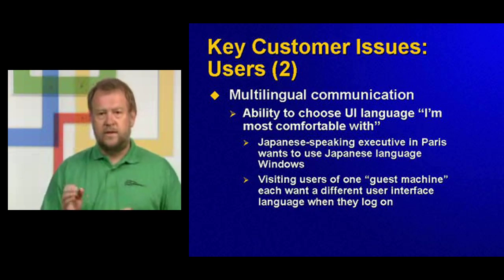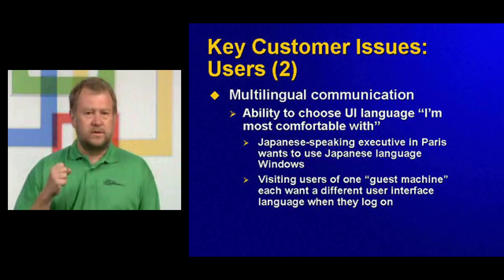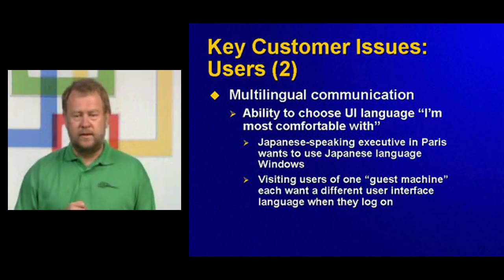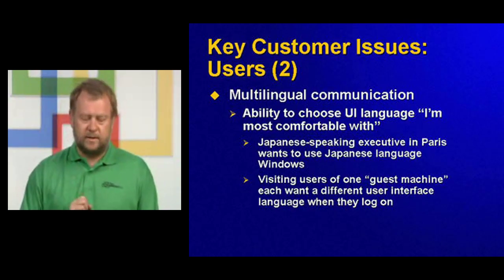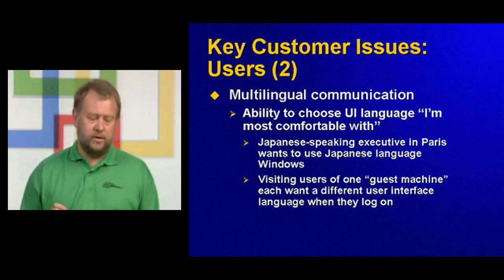The second is being able to choose the user interface as appropriate for the one that's preferred by the user. And that's, again, something that hasn't been selectable in the past, but as we'll see in the demos and in the discussion that follows later, that's something that we've added to Windows 2000.